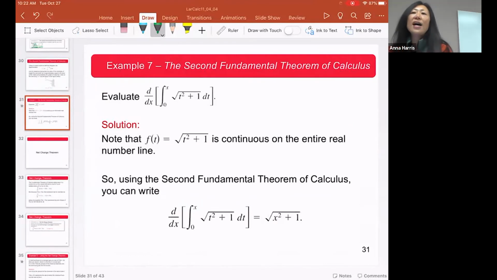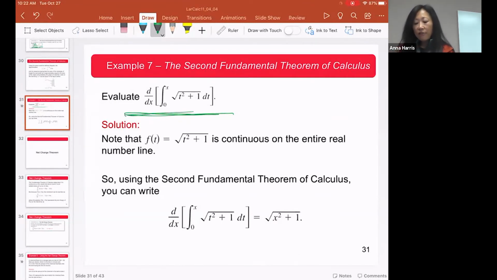Say you have to find this. They're asking you to evaluate this. Actually, you don't even know how to do this problem, by the way, because you haven't learned how to do a trigonometric substitution problem.